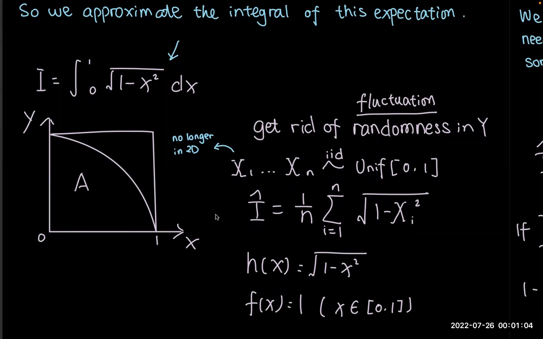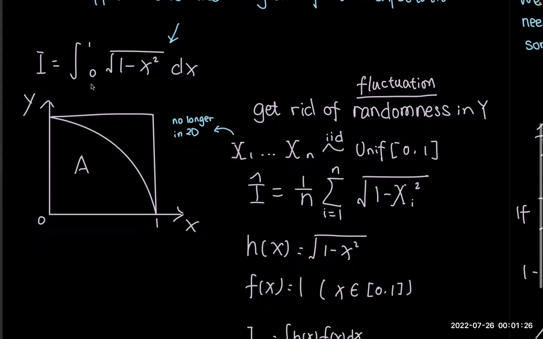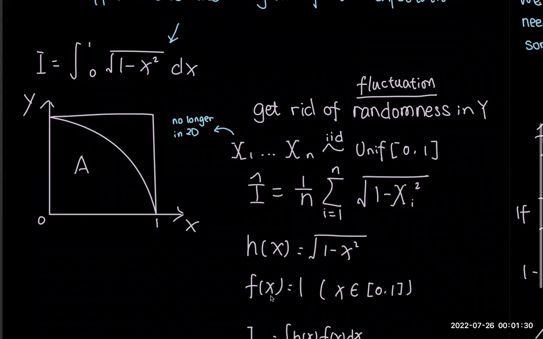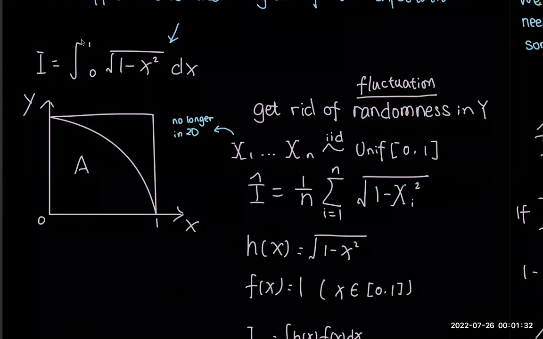So therefore, we just randomly sample x1 to xn IID from uniform 0, 1, and we don't need to sample y anymore, because we know the probability that the y is below this curve for any fixed x. And then we use Monte Carlo method to approximate this integral where h of x is this function, and f of x equals 1 within this range.